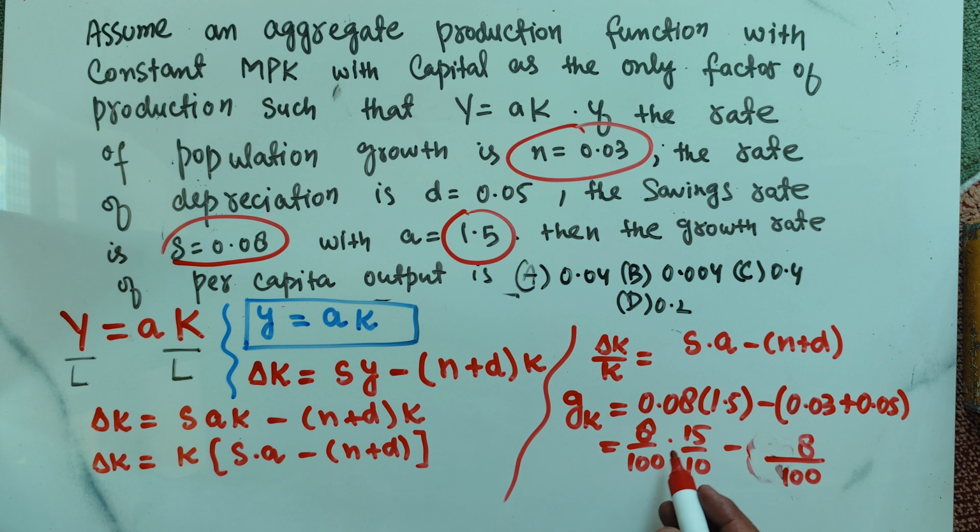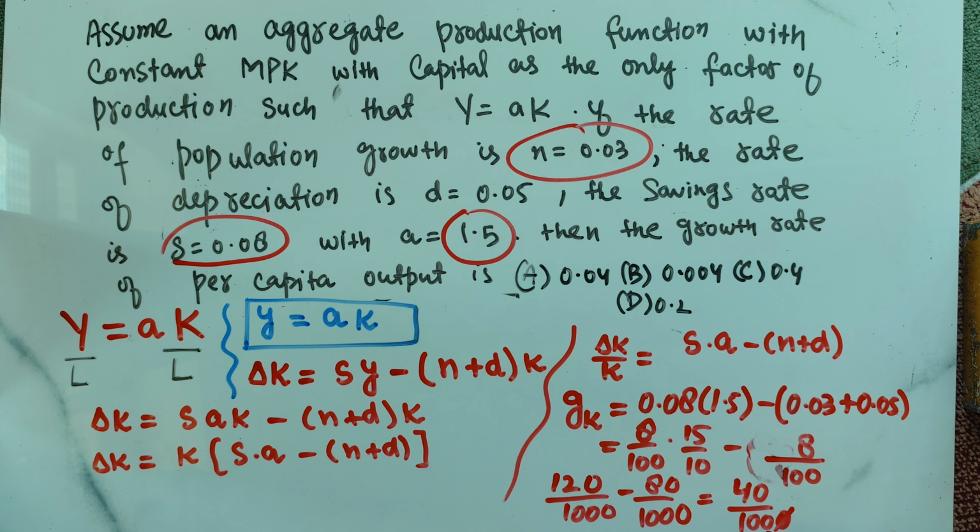Here we get 8 5s are 40, 8 1s are 8, so 120 divided by 1000, minus 8 upon 100. Let us multiply by 10, so it becomes 80 over 1000. So 120 minus 80 is 40 divided by 1000.